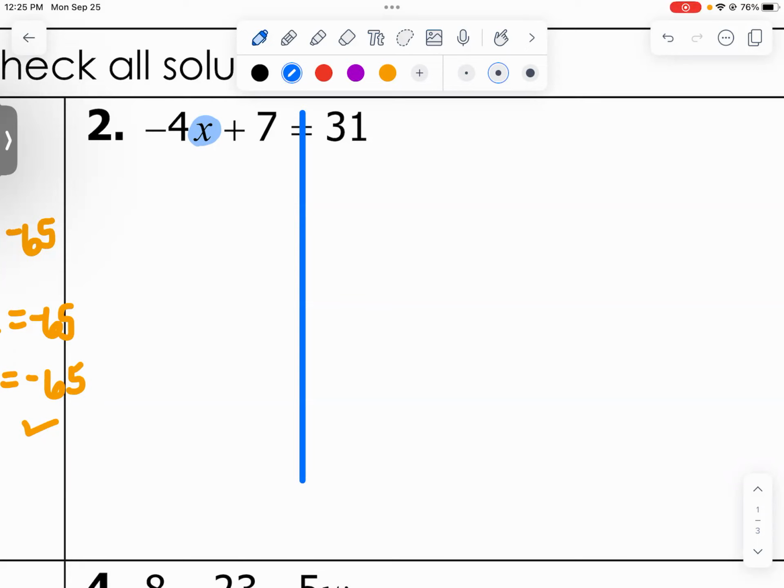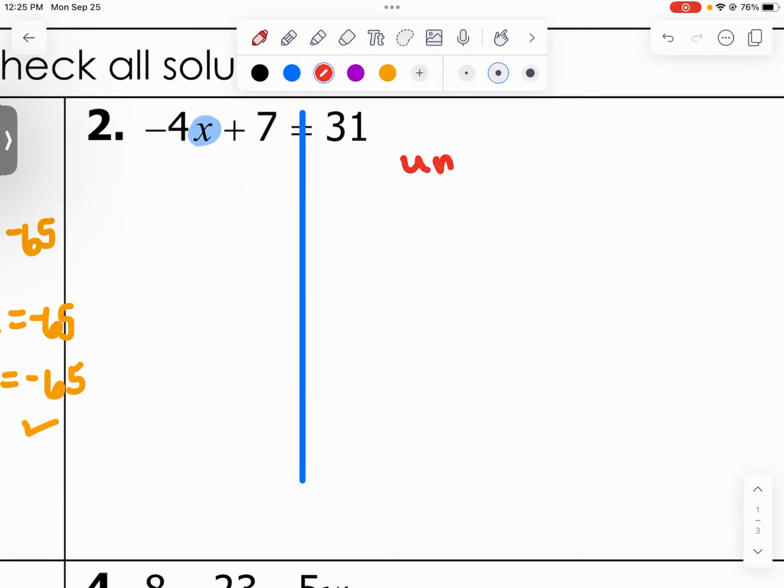Jackson, should we move the 7 or the 4 first? Why? Jackson knows we need to move the 7 first, but he's not sure why. Who can raise their hand and tell us why the 7 needs to go first, Giselle? The negative 4 is the closest to x. 7 is the furthest away. So Connor, how are we going to undo the 7?